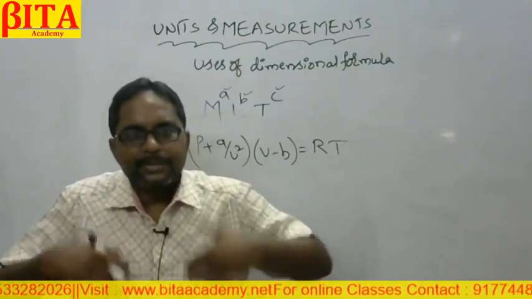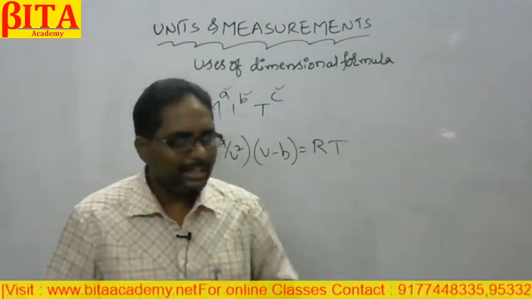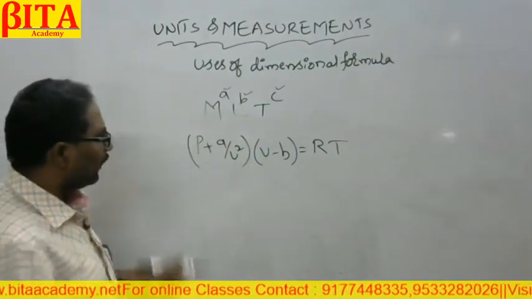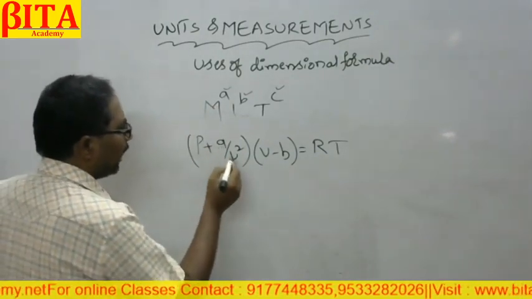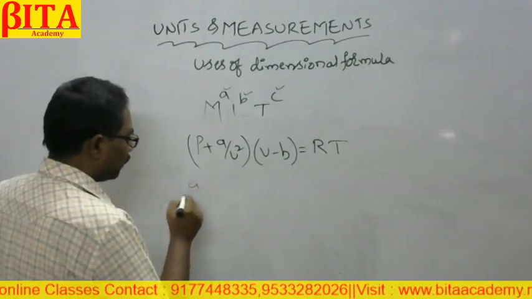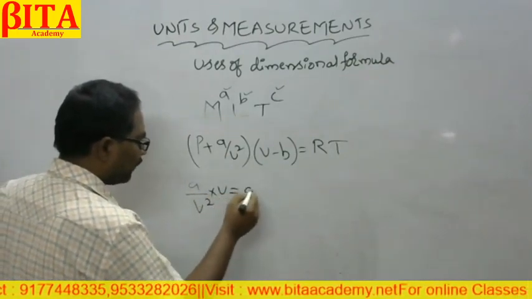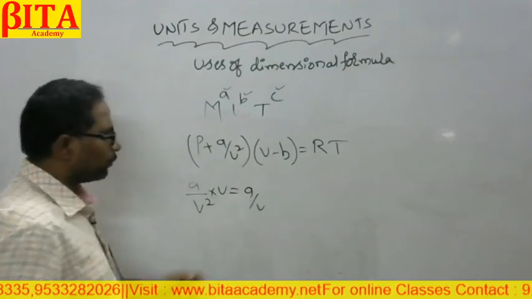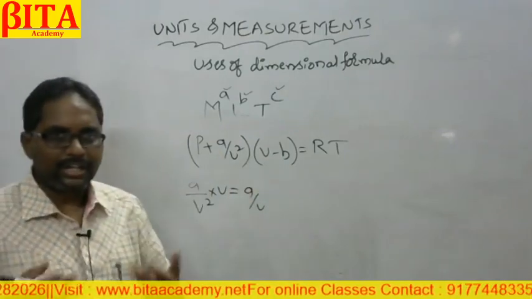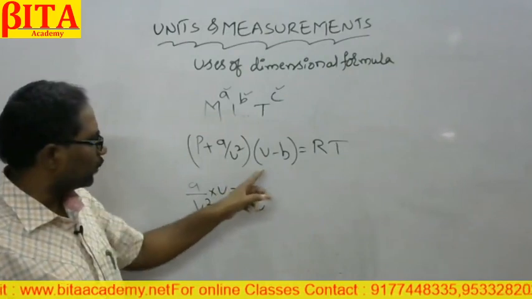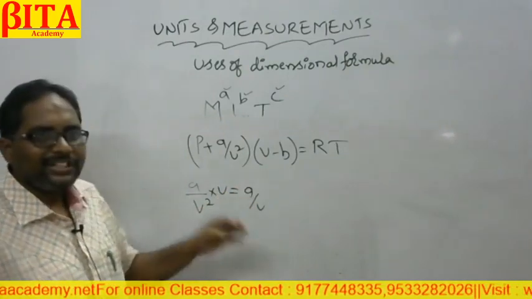So in an easier method, if I multiply A by V square with V, what will you get? A by V square into V, you will get A by V, as both are related to the volume.